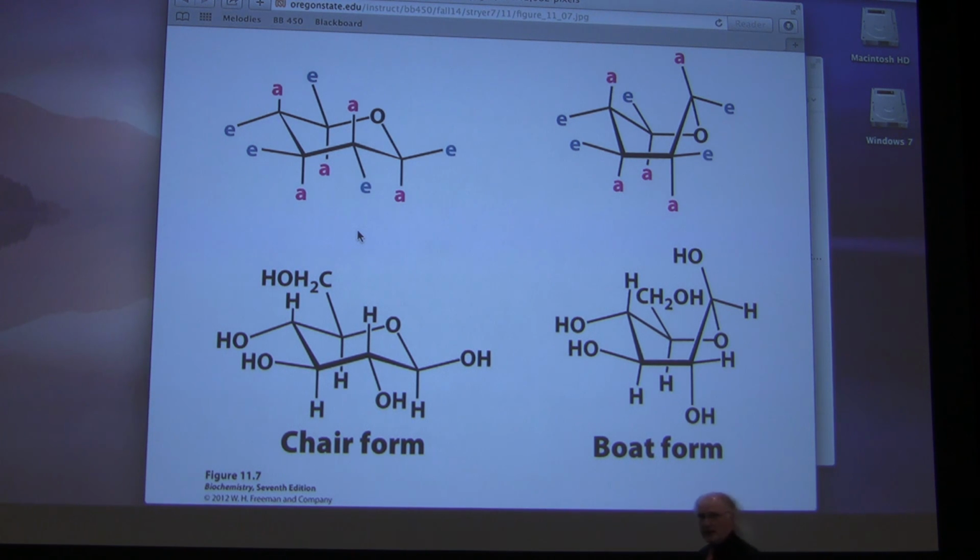When we analyze these structures in solution, we find that both forms can occur, but the chair form is preferred, because there is less steric hindrance in the chair form.